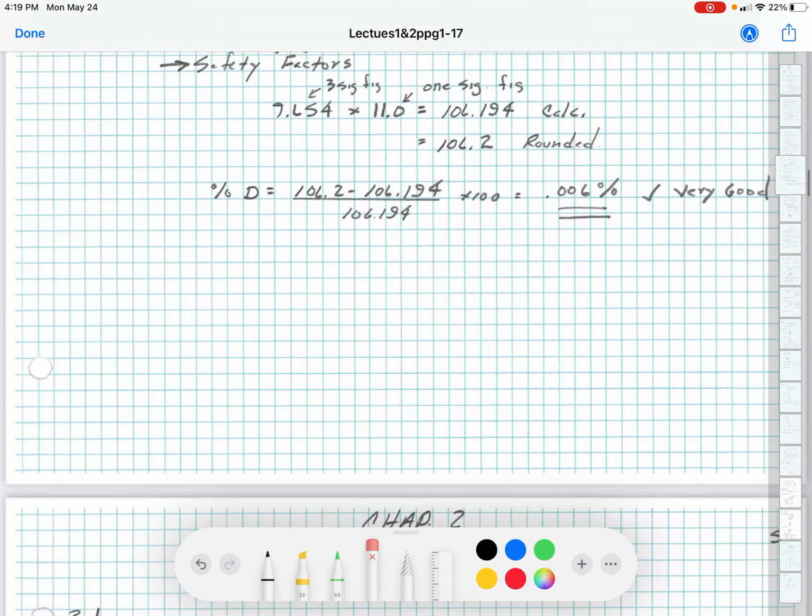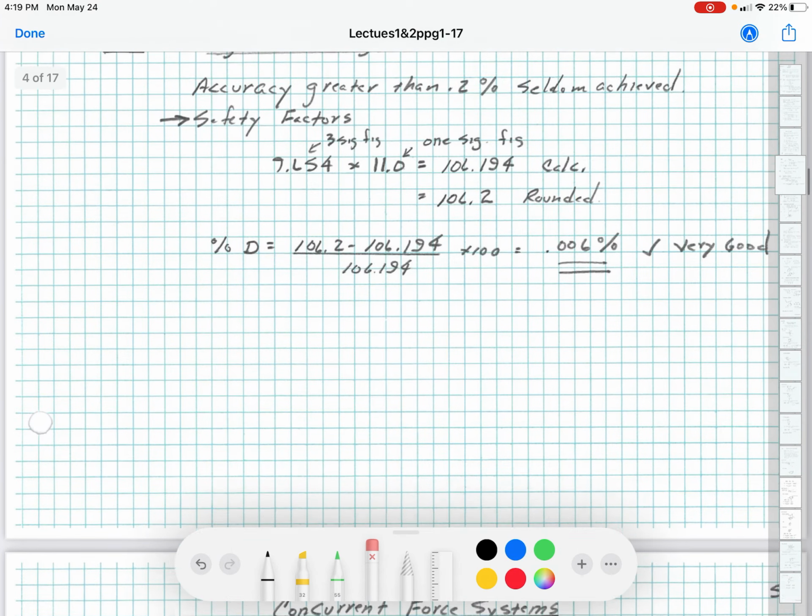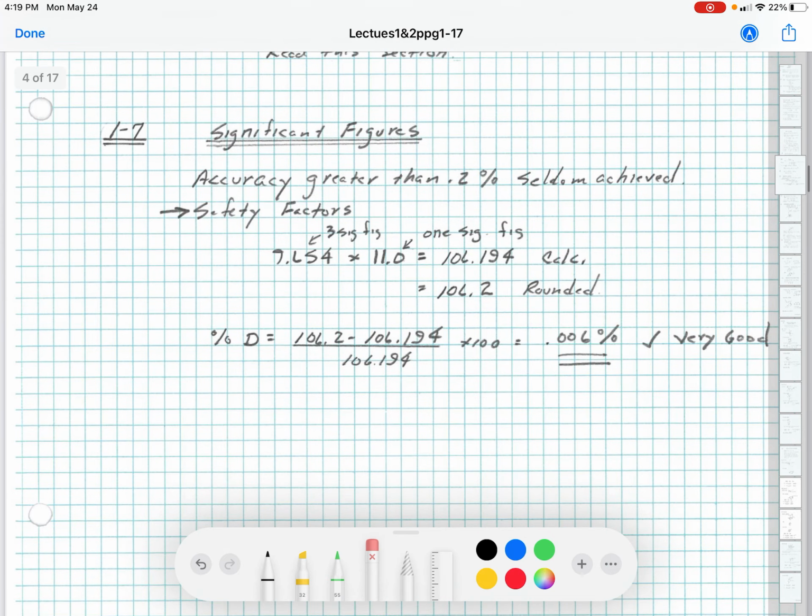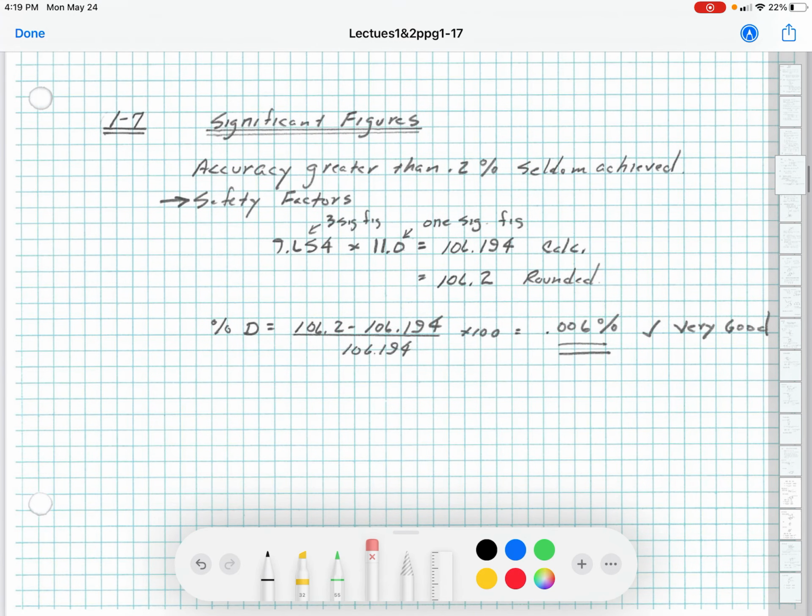Now, that's all I'm going to talk about today for this first lecture. We'll start next time talking about significant figures. Well, you know what? Let's talk a little bit more. Might as well. We'll talk about significant figures now. Always remember that accuracy greater than 0.2% is seldom achieved in design arenas. So your safety factors, if you take a look at this over here, this is what significant figures means.